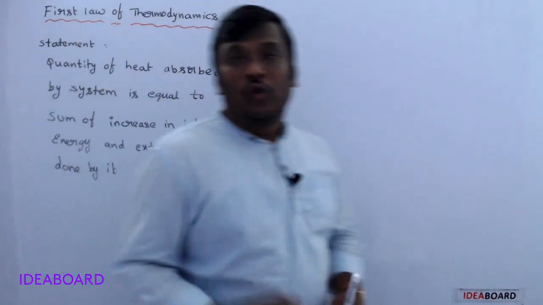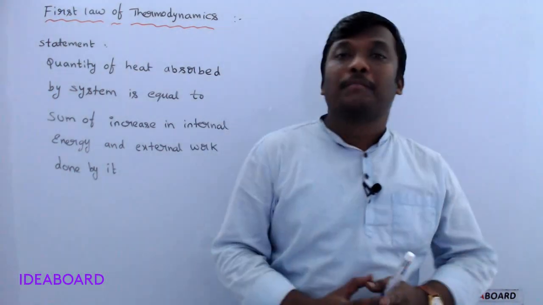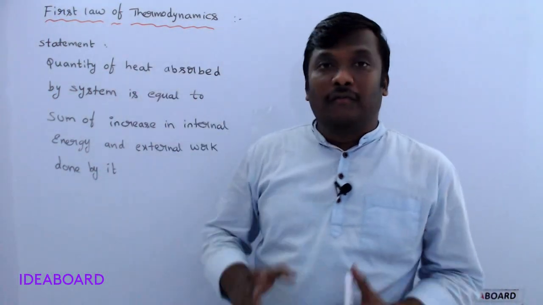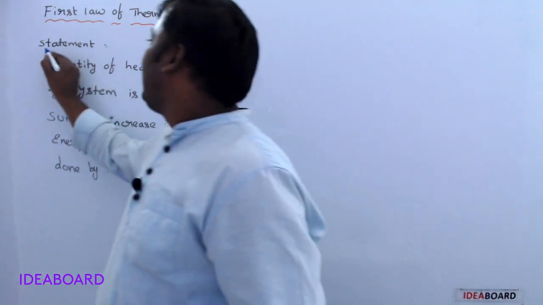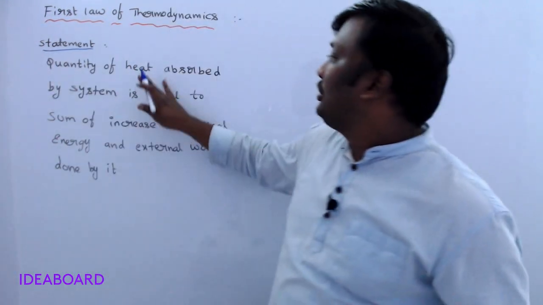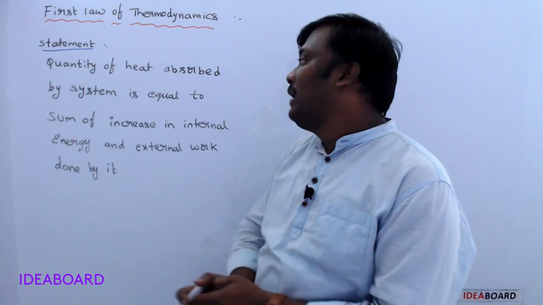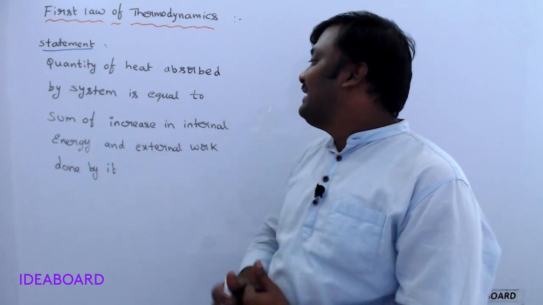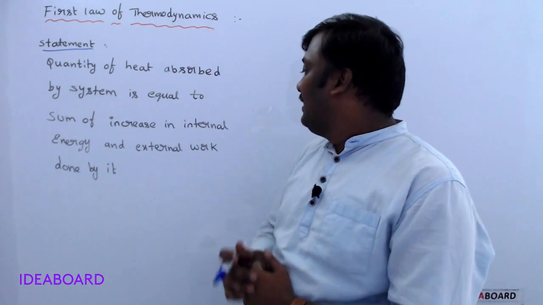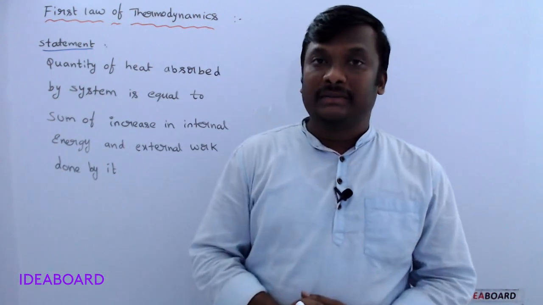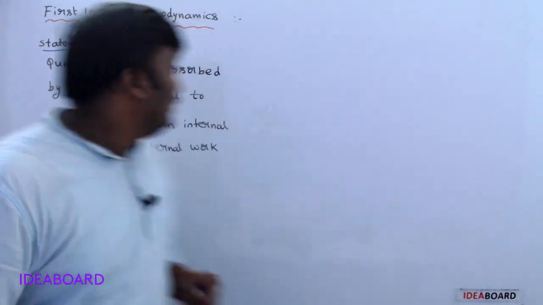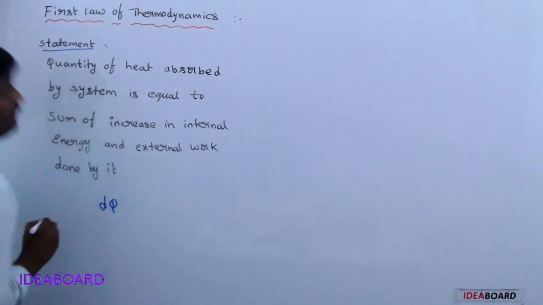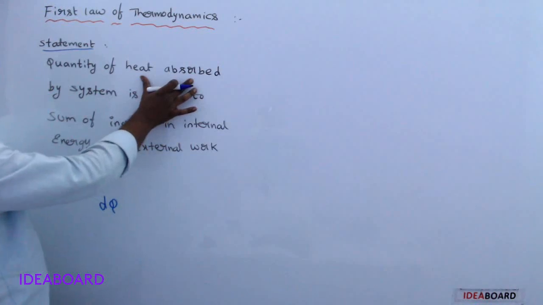Now, you may go to the next very important topic, the first law of thermodynamics. The first law of thermodynamics is stated as: the quantity of heat absorbed by the system is equal to the sum of the increase in internal energy and the external work done by it. Let dq be the amount of heat absorbed.